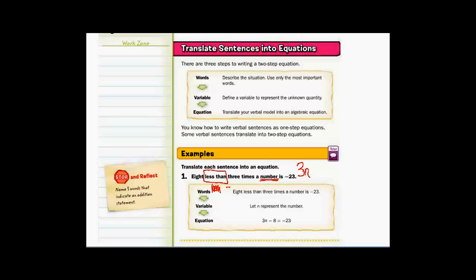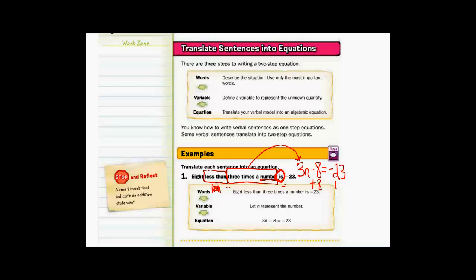So now we go back to the beginning where it says 8 less than this. Well, if that's this part, we want 8 less than that. Is. Again, that's another one you need to know. Is means equals. So 3 times a number, we've got 8 less than that equals negative 23. And then you just solve it.